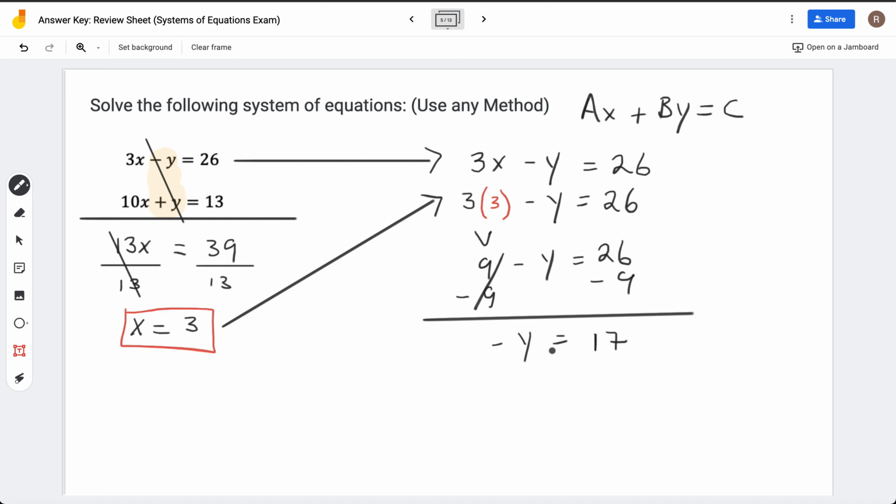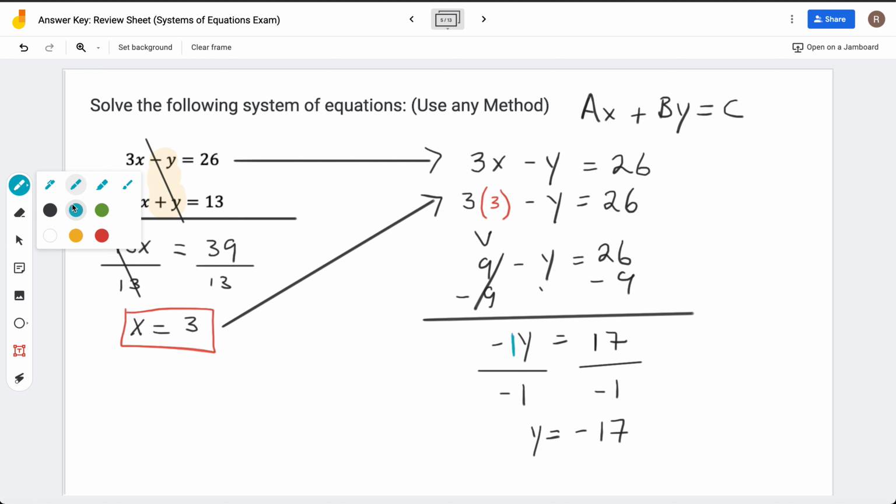Now, we have negative y. We want to have positive y. Just a quick reminder, if we see a negative y, that means it's negative 1y. There's an invisible 1. So we're going to divide both sides by negative 1. So y is equal to 17 divided by negative 1, which is negative 17. Awesome. Now we just found our y value.